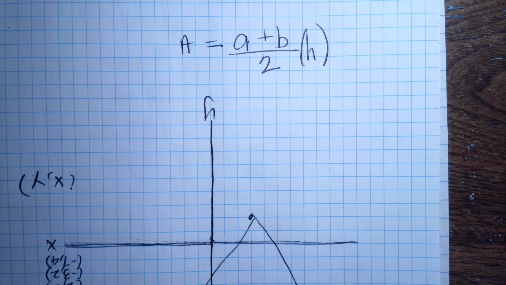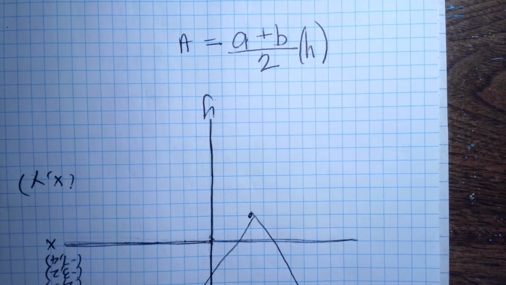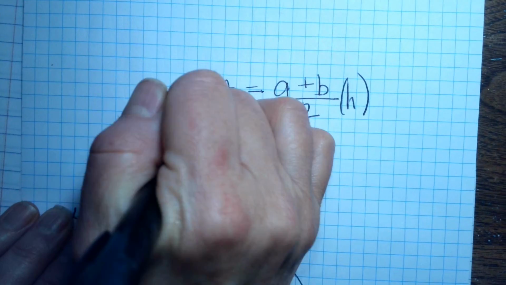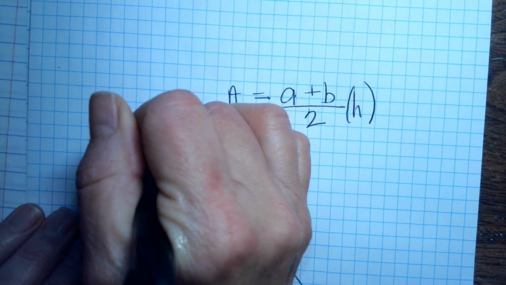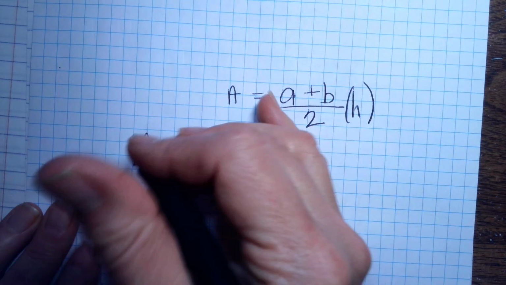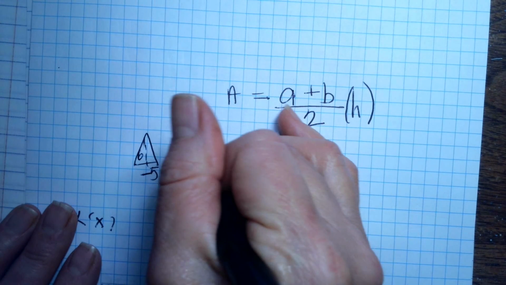I think I messed up on that because I did the notes on the same page. Okay, for triangle, it's 1/2 base times height. This is the base, this is the height, and you just multiply these together and then divide by 2. So if this was 5 and this was 6, it would be 30 divided by 2.